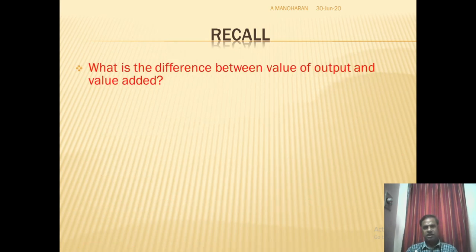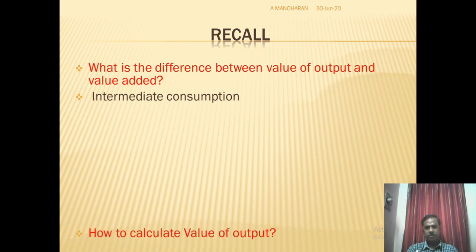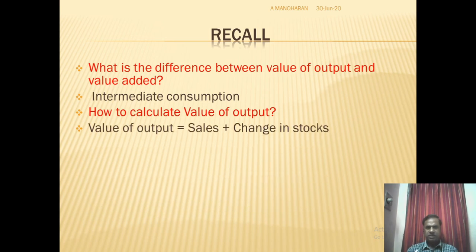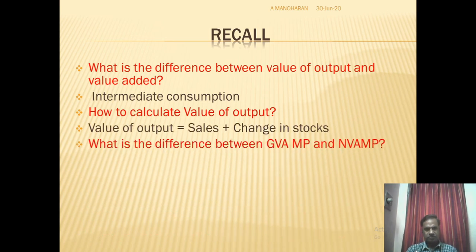So let us recall what we have studied. What is the difference between value of output and value added? The answer is intermediate consumption. How to calculate value of output? Sales plus change in stocks.